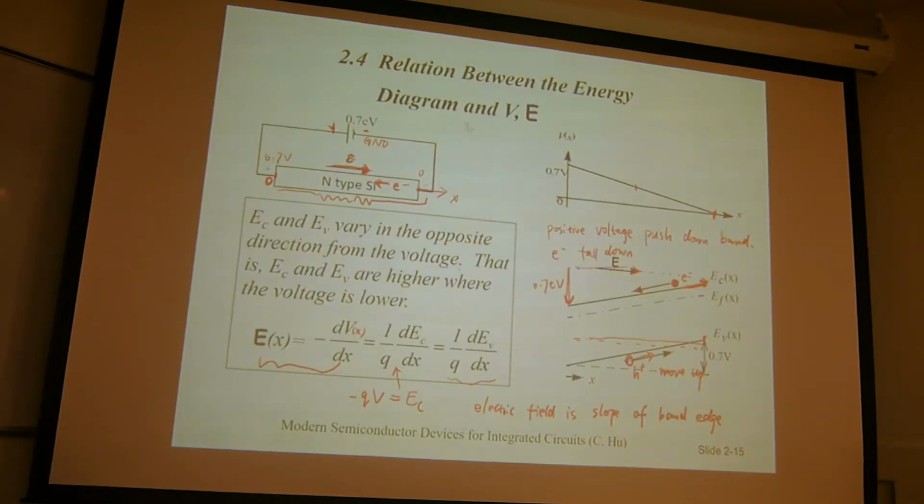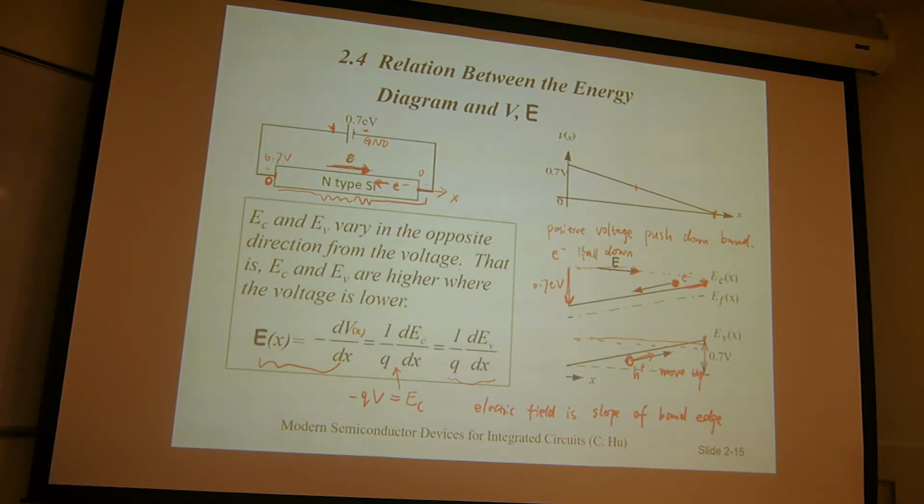And here we have one example to show the energy band diagram when you have the external voltage bias. For example, if you apply a voltage to the N-type silicon, then the band will be tilted this way.